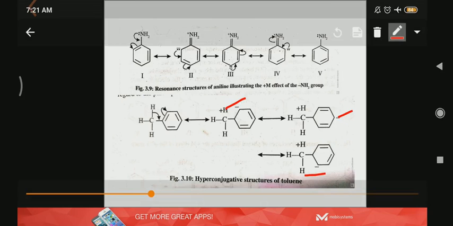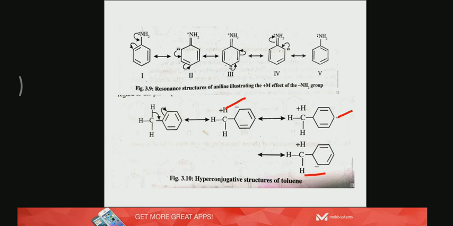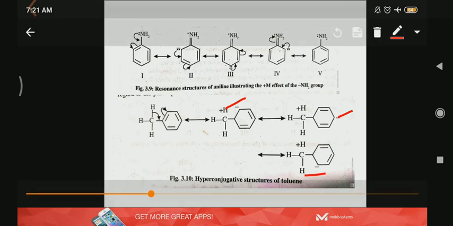So toluene also is ortho para directing, and it is only weakly activating because this hyperconjugation is not as strong as the resonance effect, it is only weak. Anyway, when toluene is taken for an electrophilic aromatic substitution reaction, it will be more reactive than benzene, and you will get the ortho substituted as well as the para substituted product.